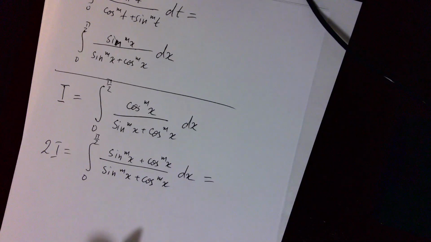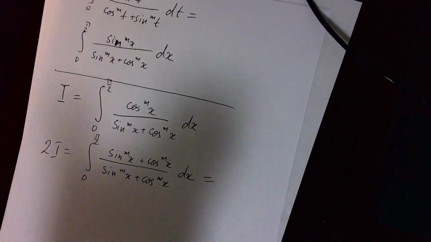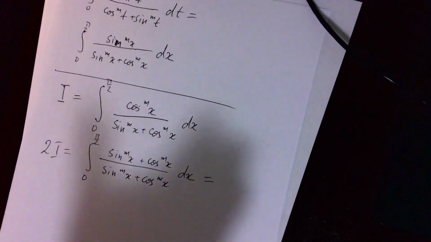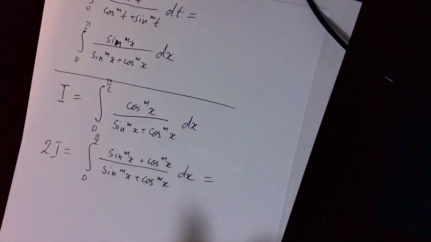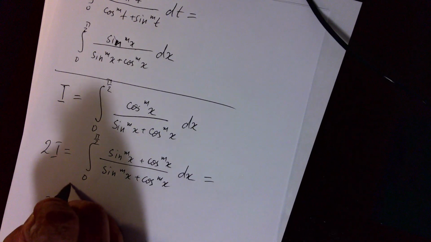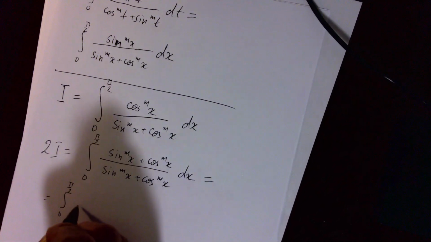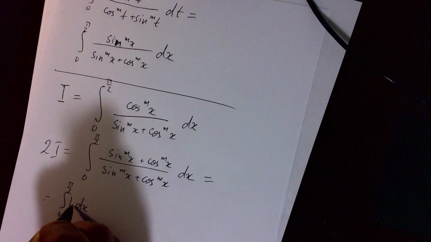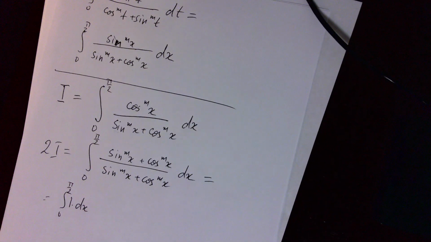And what is it? We have just 1 under the sign of integral. It is the integral from 0 to pi over 2, 1 dx. I can omit 1.